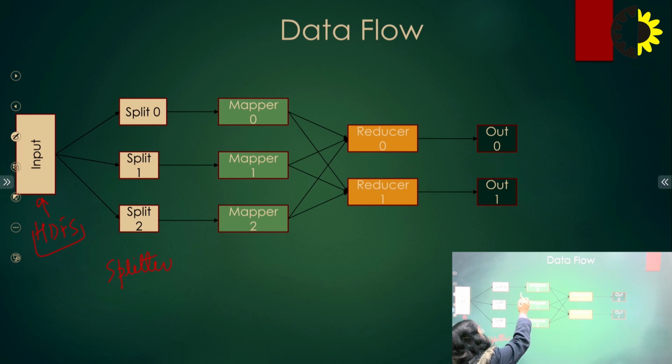Mapper 0 is applied to split 0, mapper 1 to split 1, and mapper 2 to split 2. After that we reduce this using the reducer, and finally the output is produced.